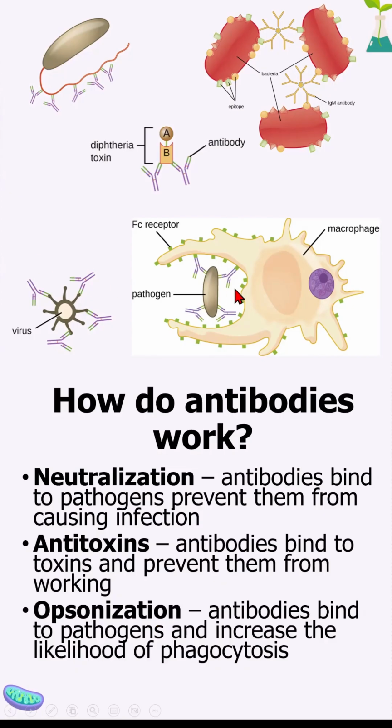So in opsonization, when an antibody binds to a bacteria or virus, it increases, or optimizes, the likelihood of phagocytosis. And again, the reason why is because this pathogen is now covered in these antibodies. It makes it easier for the macrophage or other white blood cells to actually grab it and get rid of it through phagocytosis.